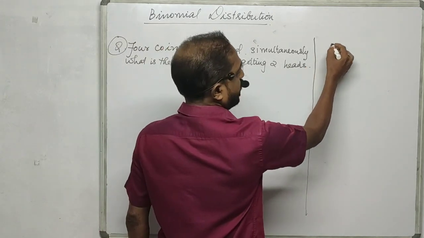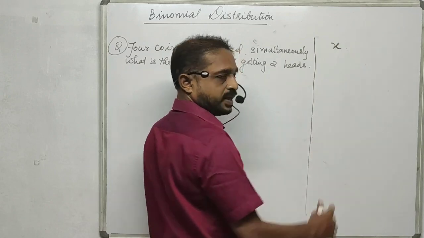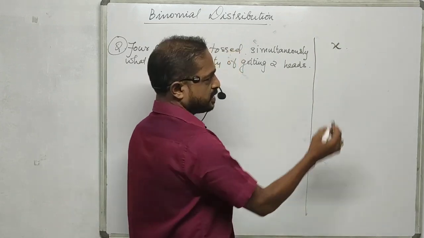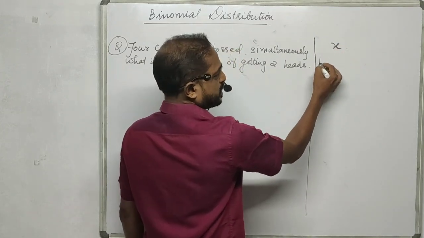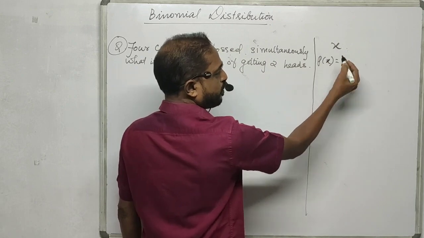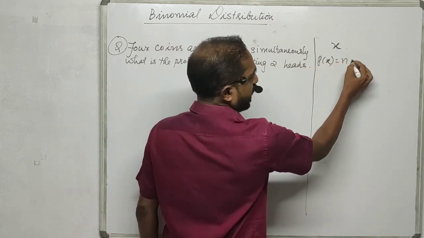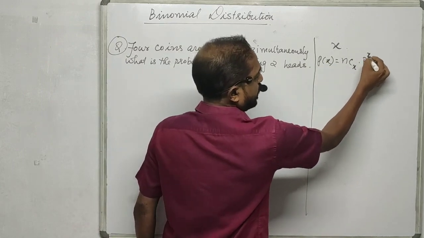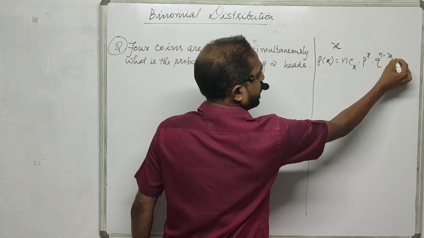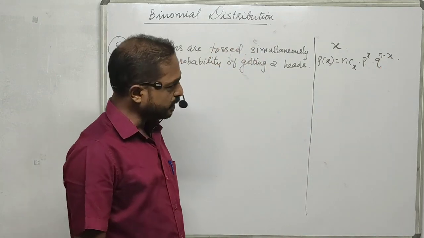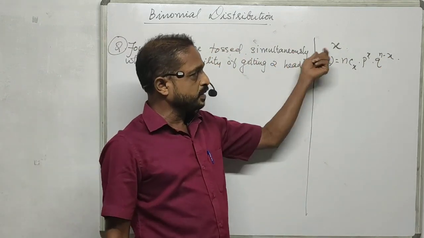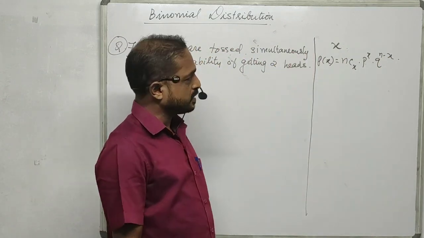A discrete random variable x is said to follow binomial distribution if its probability density function is p of x is equal to n c x p raised to x q raised to n minus x. We saw this probability density function in our last class.